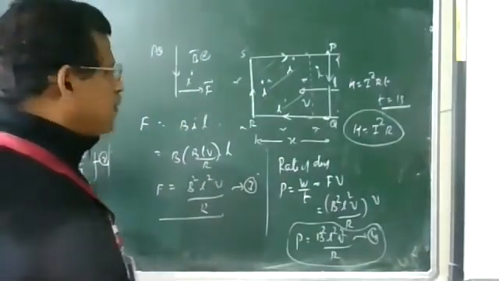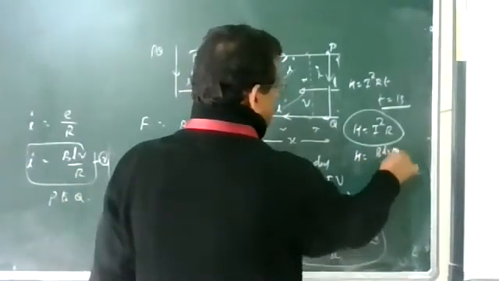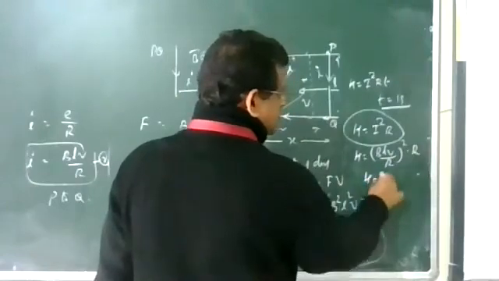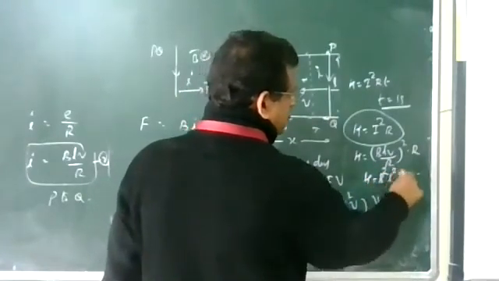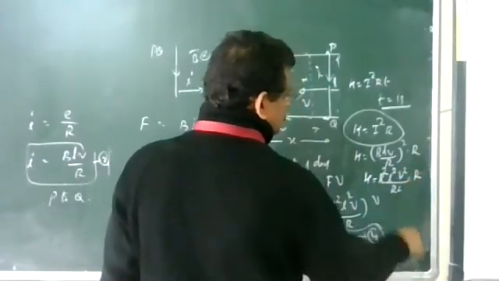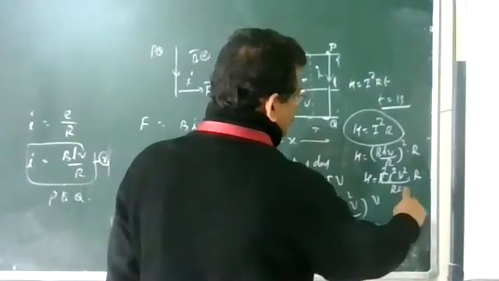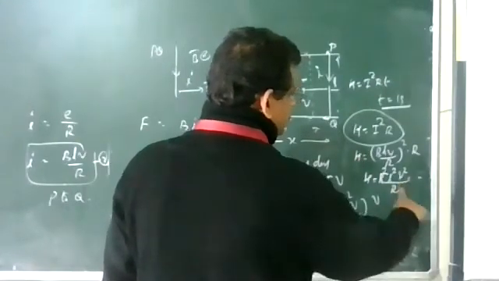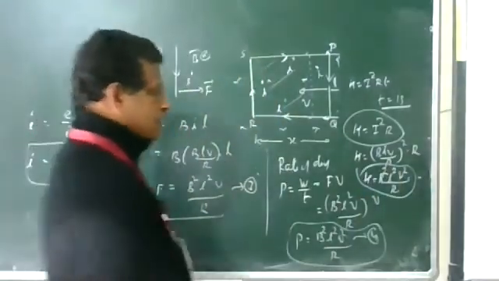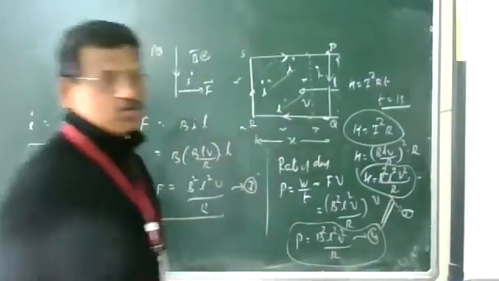You can substitute the value of current there: the current is BLv divided by R, whole square, into R. So H is equal to B square L square v square divided by R square into R, and one R cancels. So we get B square L square v square divided by R. Because this is number 4 and 5, they are identical equations.